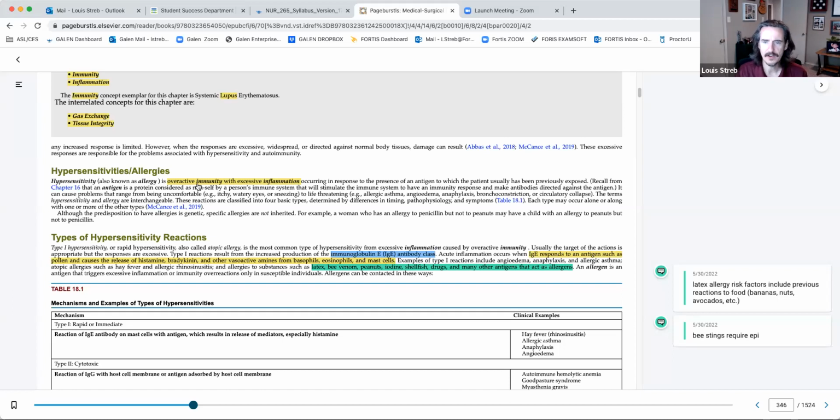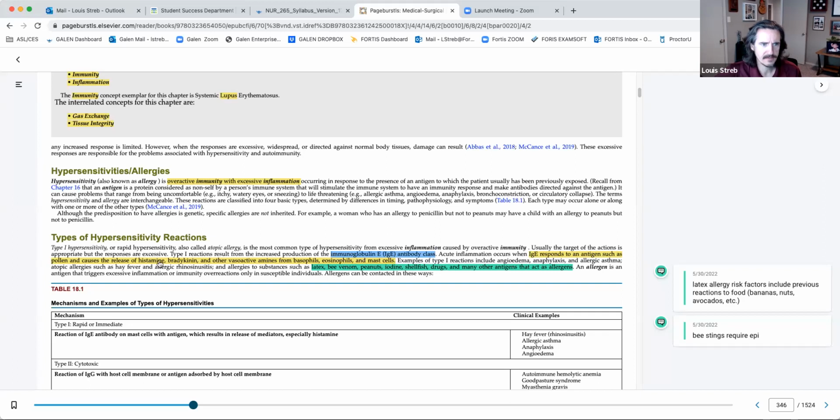But I just want you to understand that usually the target actions of your immune system are very appropriate. You get a cut, you get a foreign body in, and your immune system really starts to increase the production of immunoglobulin E, which is an antibody class. Then acute inflammation occurs when the IgE responds to an antigen, right?